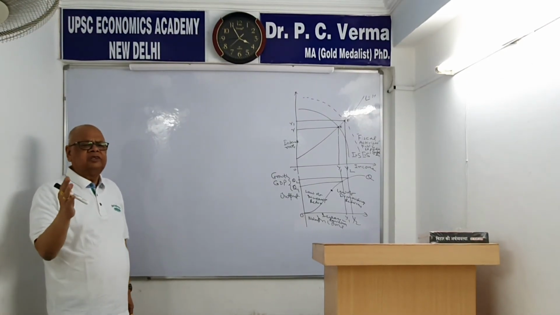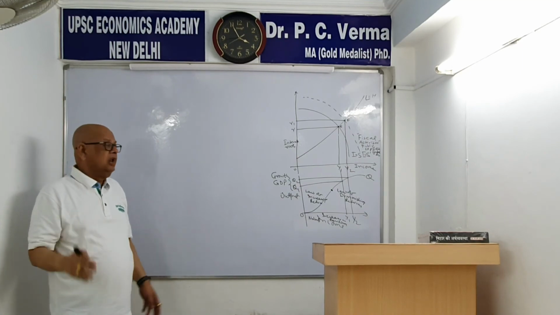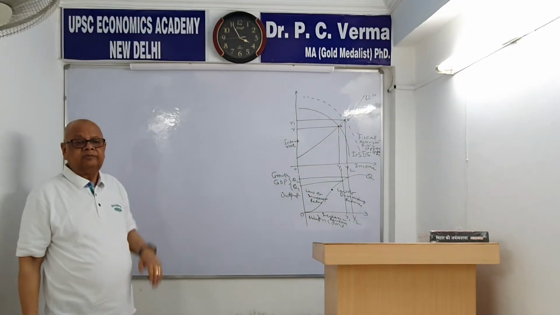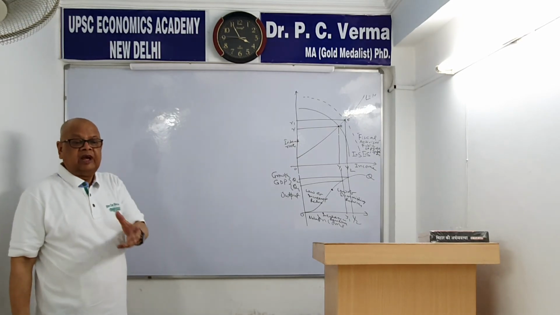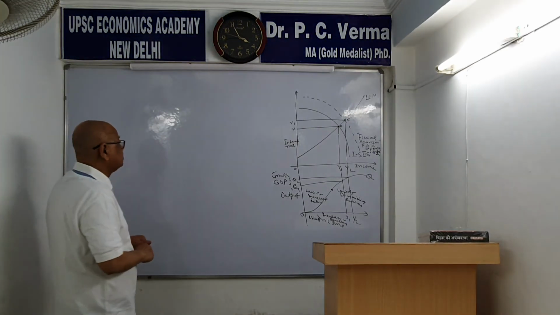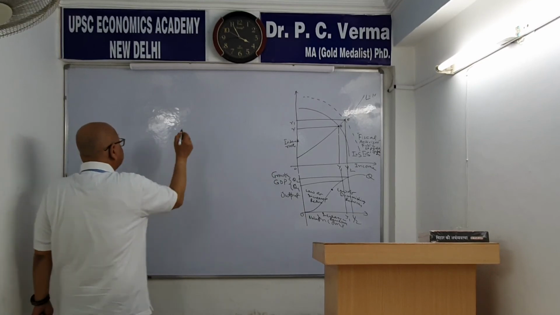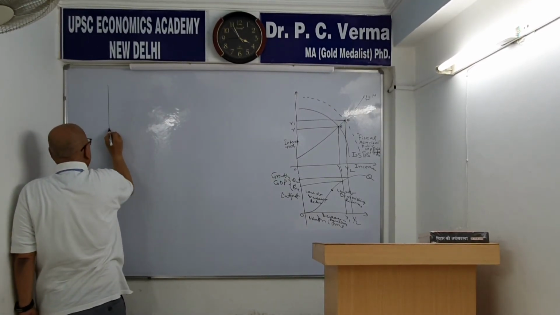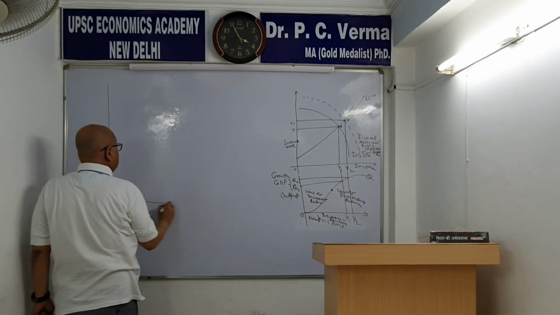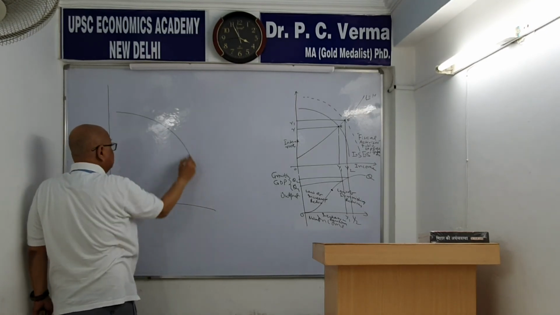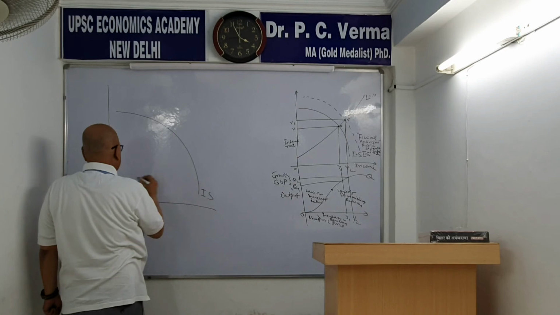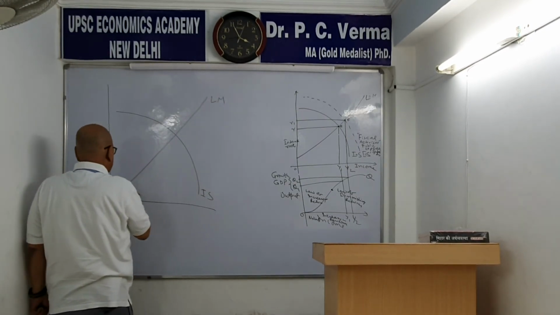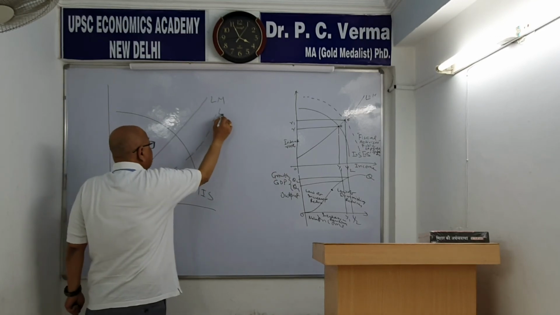So after the synthesis of IS-LM, we have seen that IS shifted. That means fiscal activism. Now the second case. Look here, this is the IS curve and this is the LM curve.